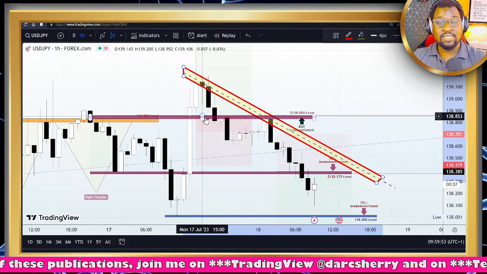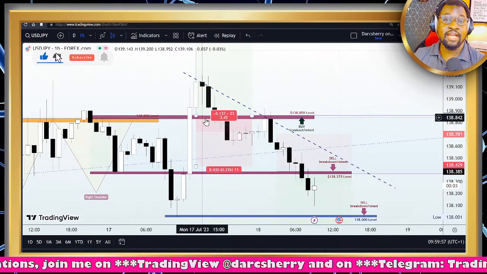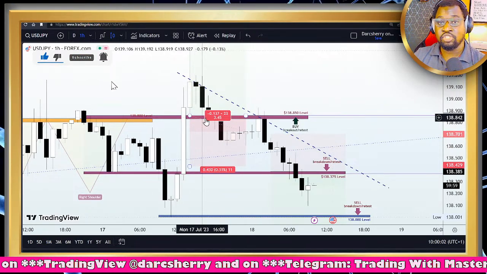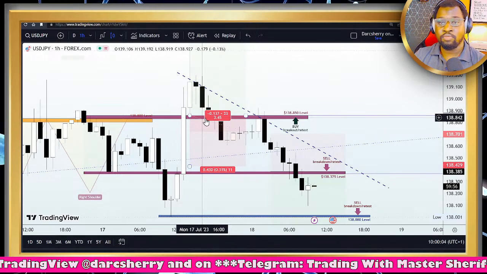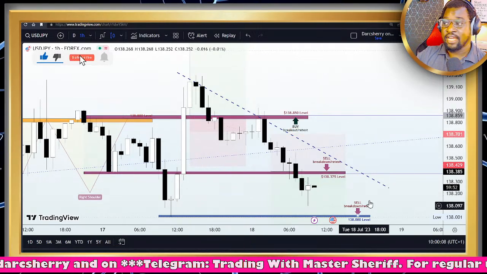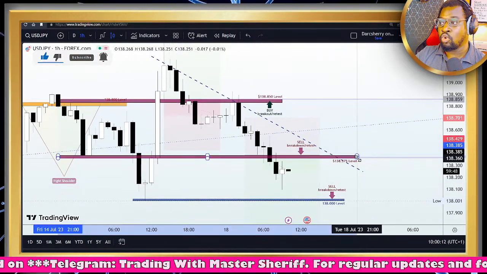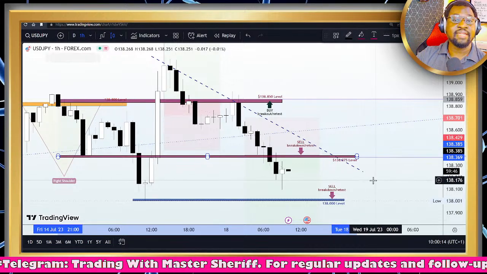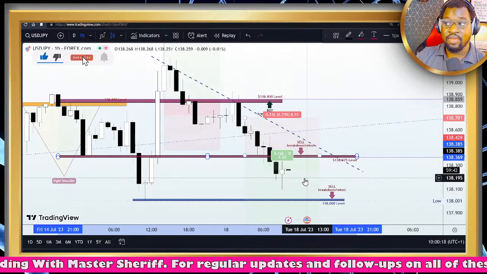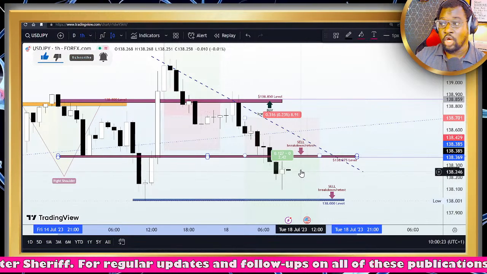Now, when we see descending trend lines like this, of course, we want to see price action remain below the descending trend line to feel comfortable in a sell position, and of course, look out for more opportunities to sell. With the situation we have right now, price action still remains below the descending trend line, and still remains below the support line we identified at the beginning of the week. And for this fact, we shall remain bearish in this market unless the trend line is breached to the upside.